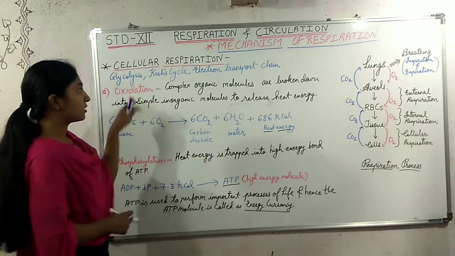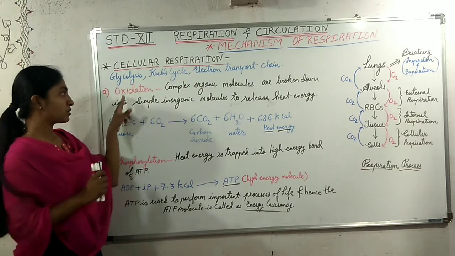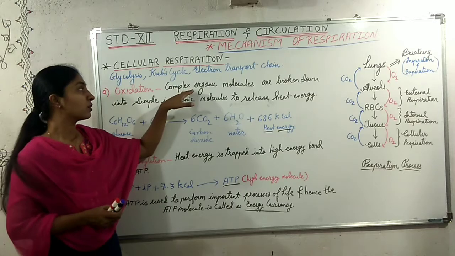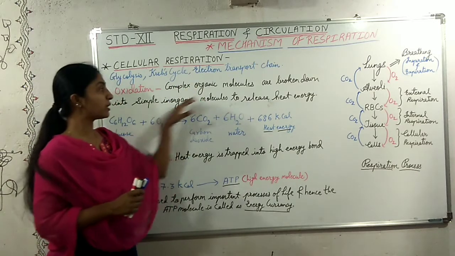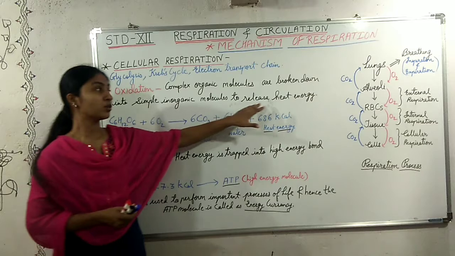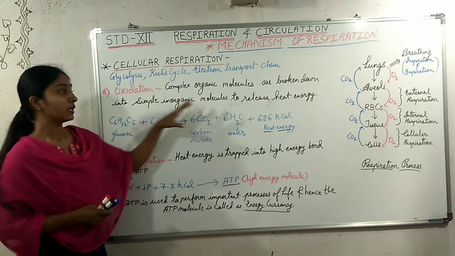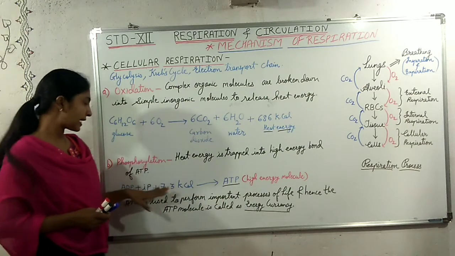So these are the two steps involved in cellular respiration. First is oxidation. In oxidation, complex organic molecules are broken down into simple inorganic molecules to release heat energy, and this heat energy is further used in the second step.